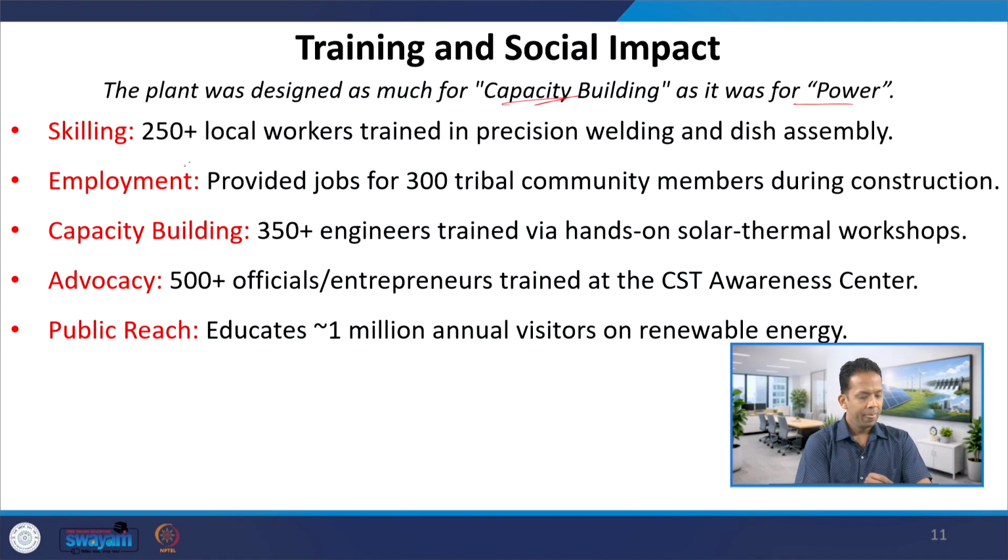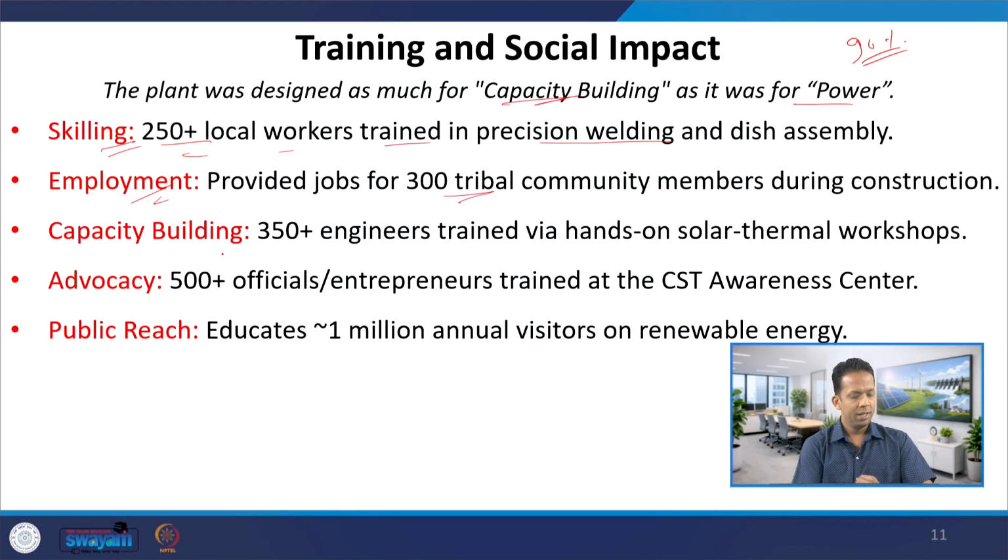So far, in terms of skills, more than 250 local workers have been trained in high-precision welding and dish assembly, because more than 90% of the components of the plant were indigenous and fabricated locally in India. Local workers were taught how to do welding and how to assemble the dish components. In employment, it provided jobs to 300 tribal community members during construction.